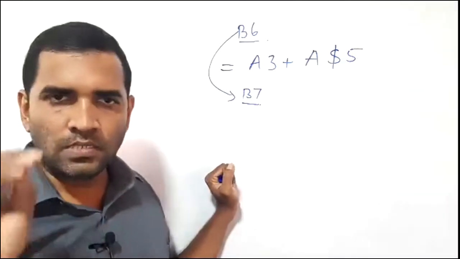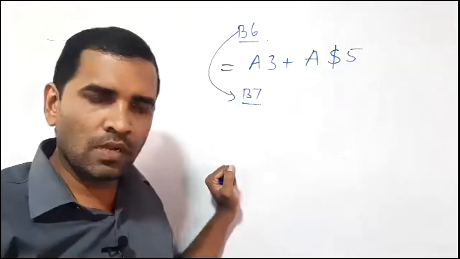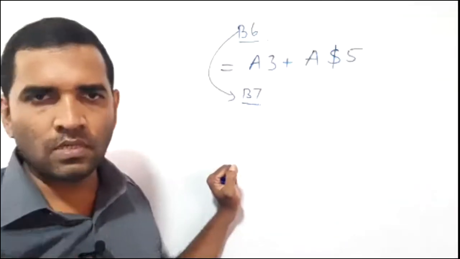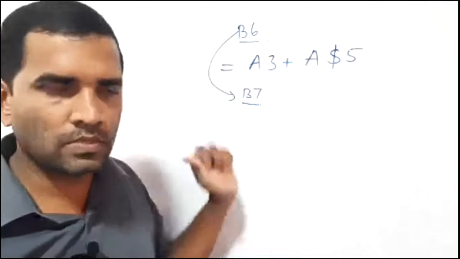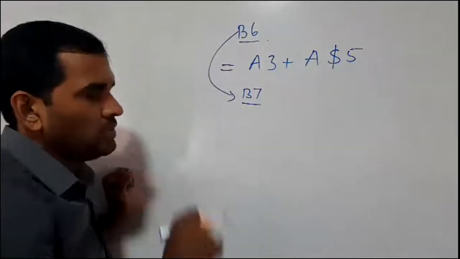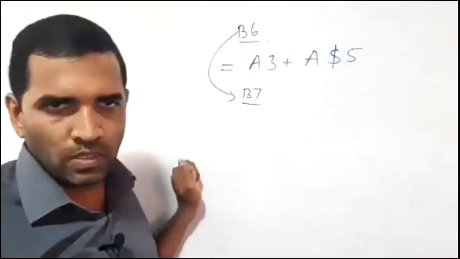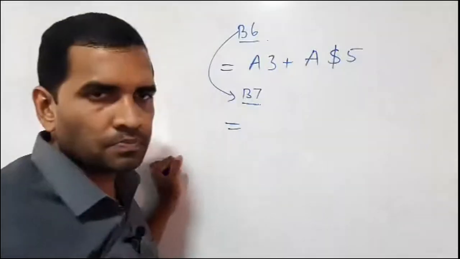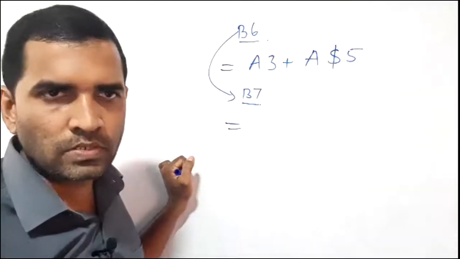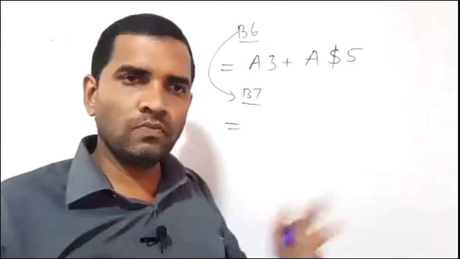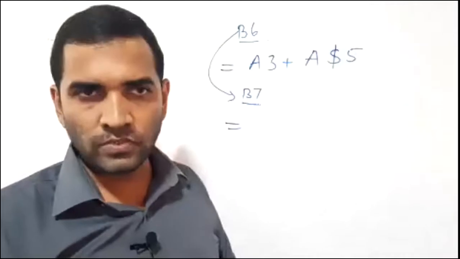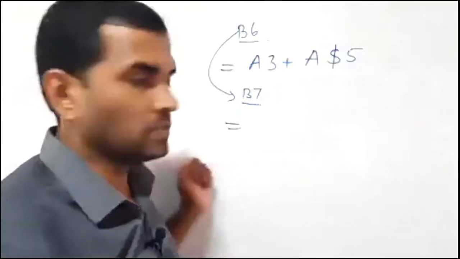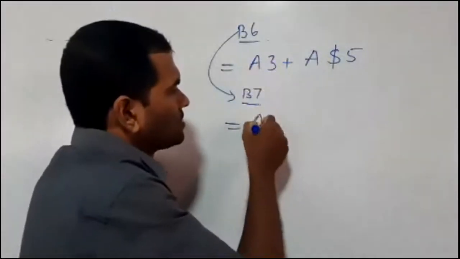Understand the absolute cell address and relative cell address with one example, right? With this example. Going from B6 to B7, so we are going to the next row. So now what happens to this formula? The numbers in this formula will take the next number, which means they will be increased. So A3 becomes A4.